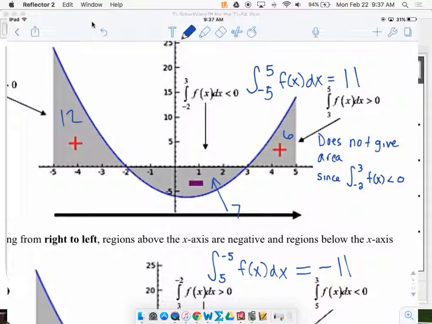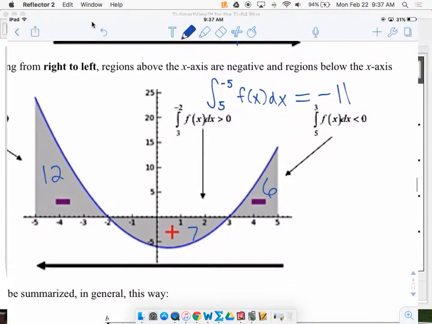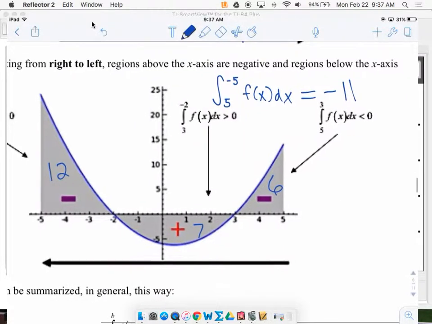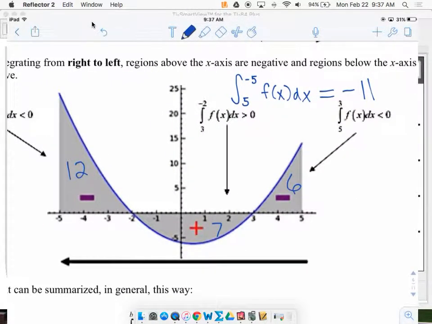Does that not make sense? Yeah, right to left is like opposite, right? You would never read right to left. Right, right.